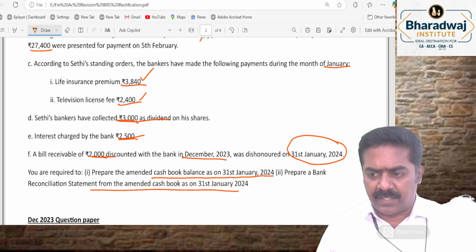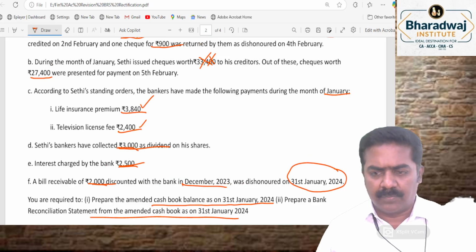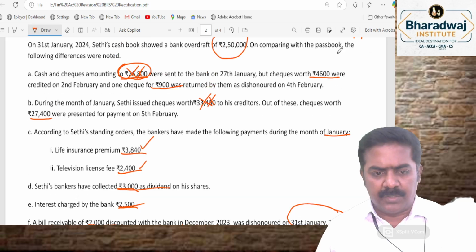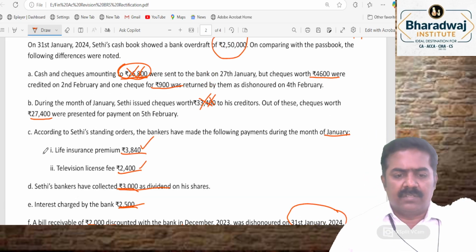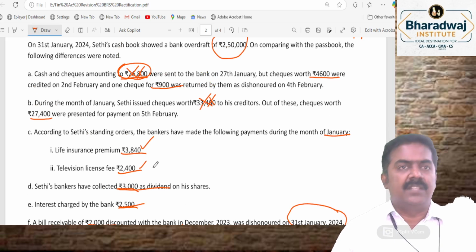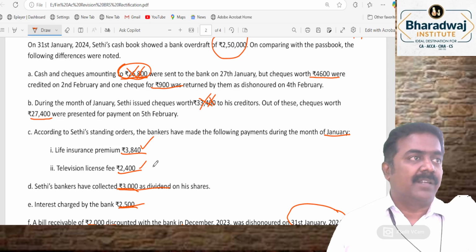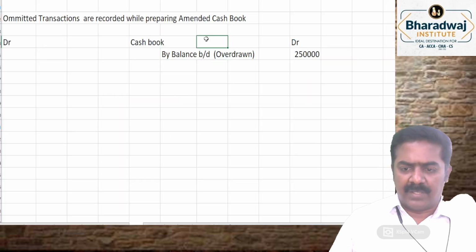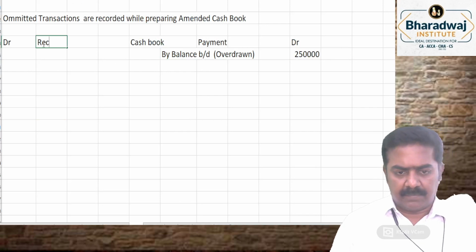Look at the first transaction. Is it an omission? No. A is not an omission. B is not an omission. C is an omission. We paid life insurance and television fees, not recorded in which one? Cash book. We have to record it now. This is the payment side, this is the receipt side.